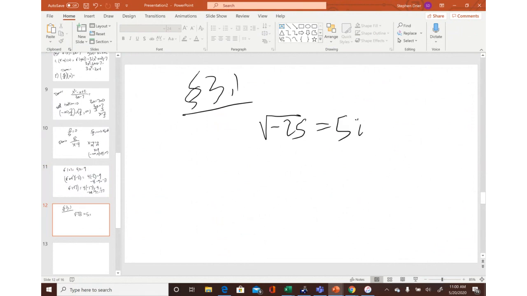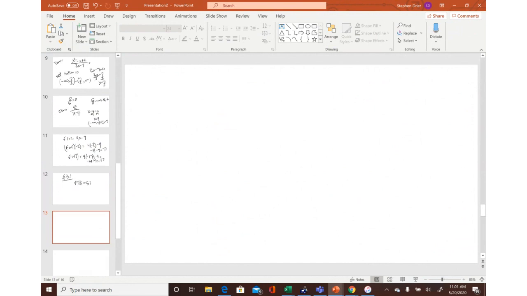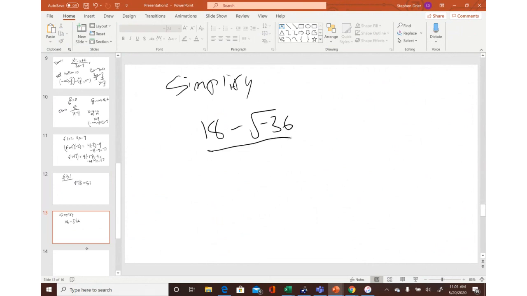Okay. So there's a few things that we want to do in terms of imaginary numbers. Let's simplify 18 minus negative 36 over 3. Let's do this as question number 1.